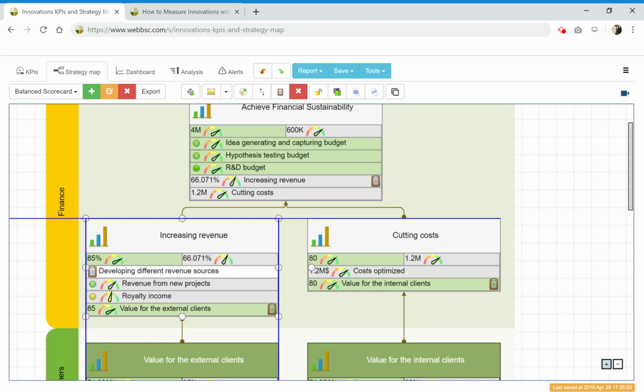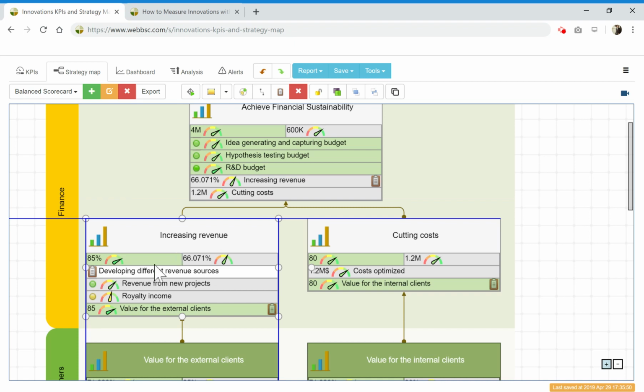And if we're talking about innovations, we'll also talk about new patents, new technologies. So we can also track royalty income if we sell our new technologies to other companies. So it's a very generic measurement. Also, one of the reasons why companies innovate is to develop different revenue sources, to not be dependent on just one revenue source.